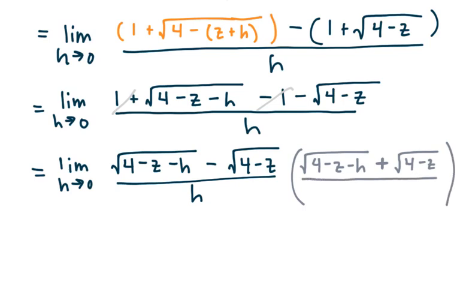Now, it's okay for me to multiply that as long as I put it over itself, which means I am multiplying by 1. Now remember, when we FOIL in the numerator, we're going to multiply that all the way out to get rid of some of those radicals. But in the denominator, we almost always leave the denominator in factored form.